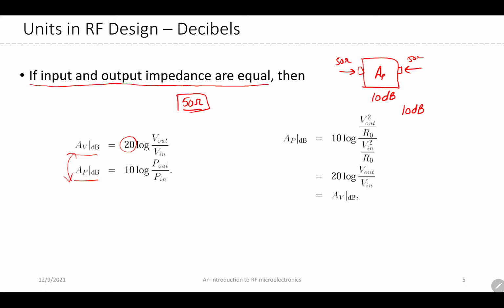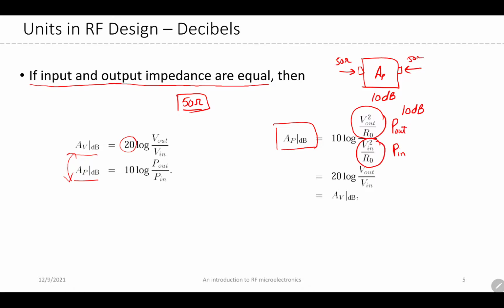But that does not mean that the ratios of powers or the ratios of voltages will be the same. As we can see, you can define AP to be 10 log P out by P in, right?